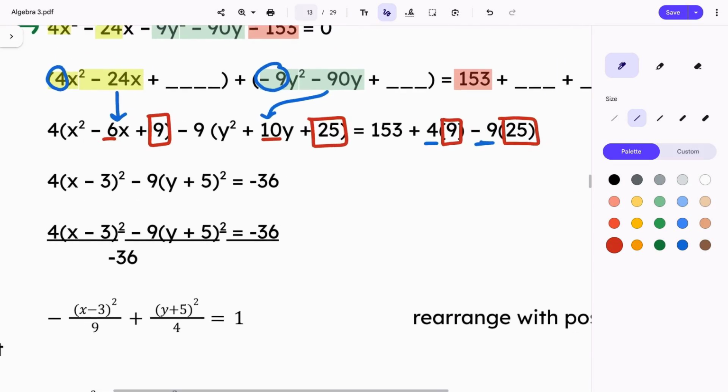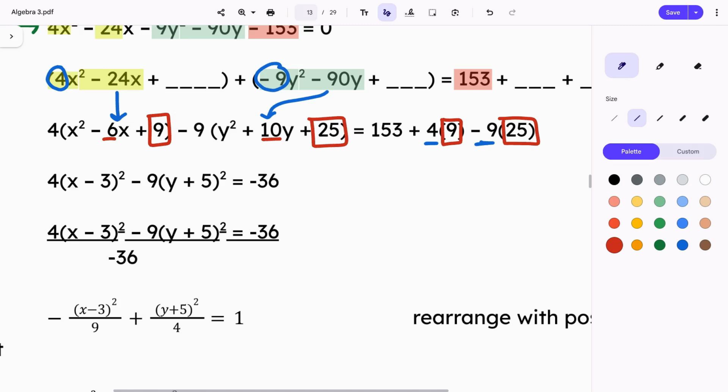And then all they did over on the right side is they just kind of started to simplify those numbers. So they multiplied the 4 and the negative 9, and then they added them all together, and we're left here with this negative 36. Now, I want to get that 36 at the end to be a 1, because remember, when it's in an ellipse form or a hyperbola form, the standard form says that the following number at the very end should be a 1.